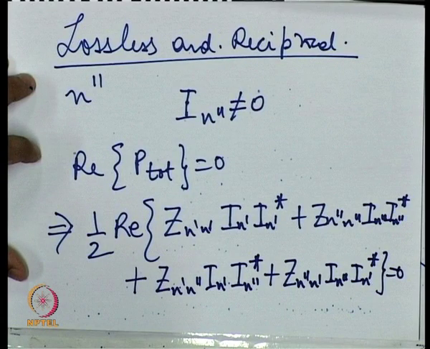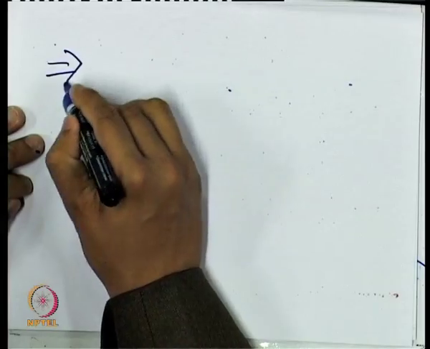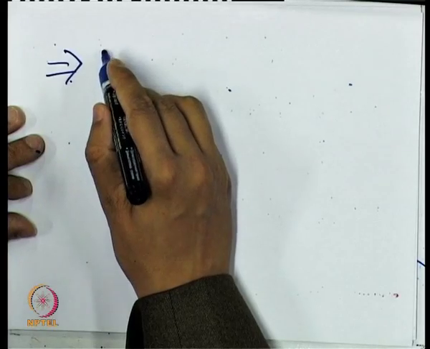Once we have derived this equation, from there we can further extend it, because of the condition that all diagonal elements should be purely imaginary, as follows.